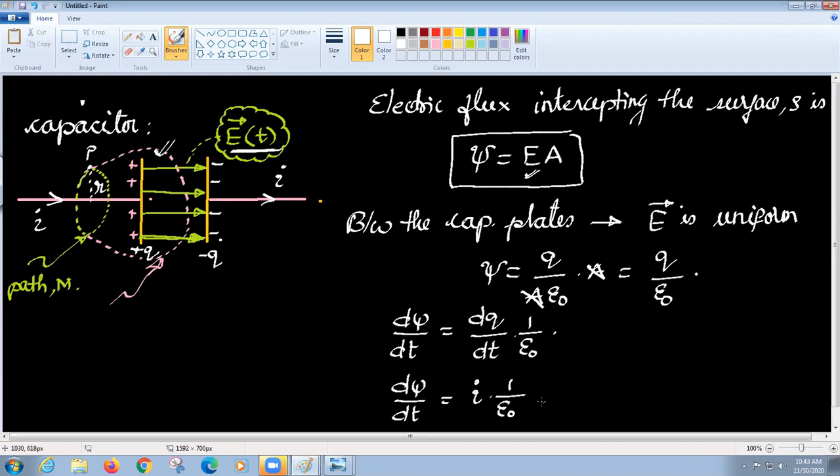Since you are in a homogeneous medium, I can happily bring this epsilon naught towards the left hand side. If you're dealing with an inhomogeneous medium, you can't take your epsilon naught wherever you want, towards left or right, it's impossible. So therefore I is equal to epsilon naught d psi by dt.